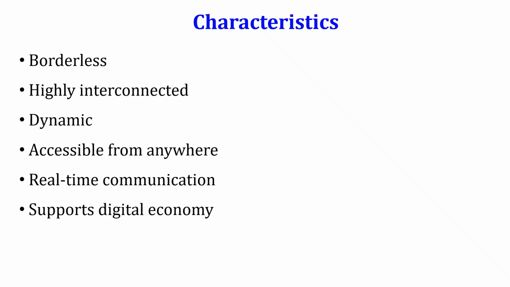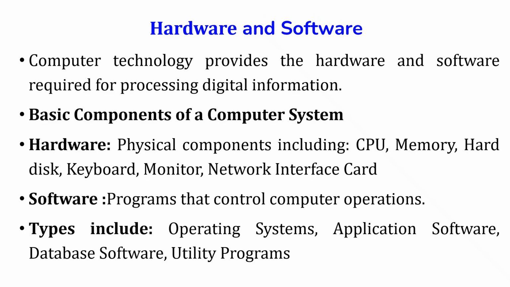So that space is going to be open and dynamic. Anywhere you can sit and you can access at any time. Real-time communication is possible. All video calls, audio calls, everything can happen on real time, and it supports digital economy. Most of the transactions that we make are all on digital platforms. So this gives us a larger space for communication.